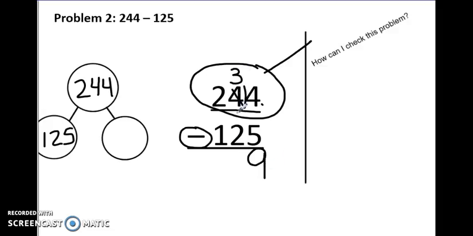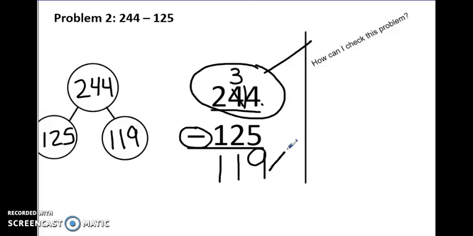Now I move on to my tens column. 3 minus 2. I can do it because 3 is bigger than 2, so 3 minus 2 is 1. And then my hundreds. 2 minus 1 is 1. So my answer in this problem is 119. Now I'm going to add my two parts together to check my answer.